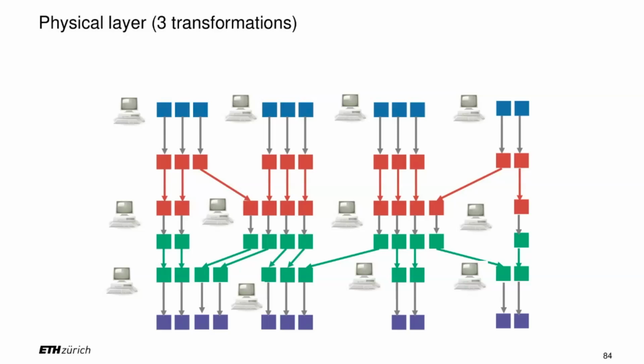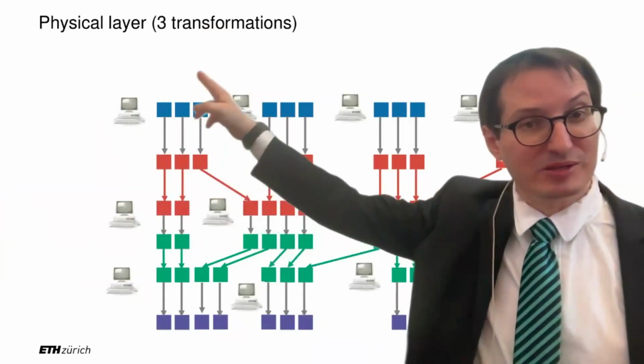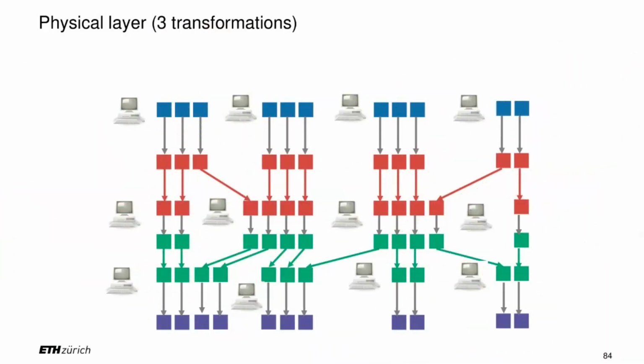Does anybody see how inefficient this is? It's inefficient because it uses more machines than we need. It's inefficient because you see that some of the data gets shipped across machines. So do you see any way that we could use fewer machines and avoid sending the data over the cables between machines?